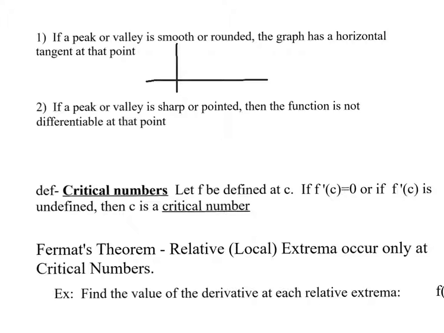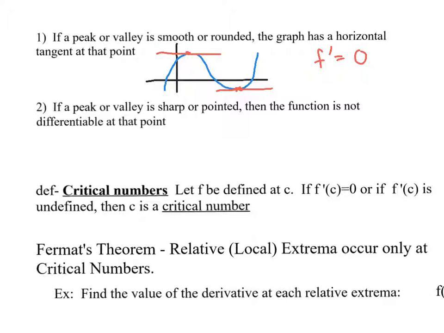If I draw in a curve that has a peak or a valley that is smooth or rounded, at the place where it has that peak or valley, the lowest point and the highest point, I'm going to see that that curve has a horizontal tangent. Can we remember that where I have a horizontal tangent is where the derivative of the function is going to equal 0, because the derivative just stands for the slope.